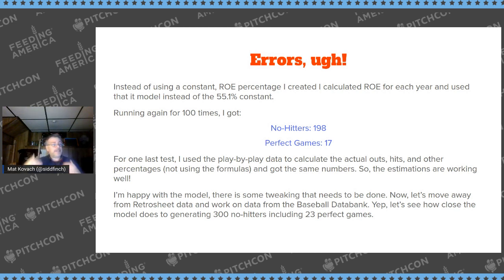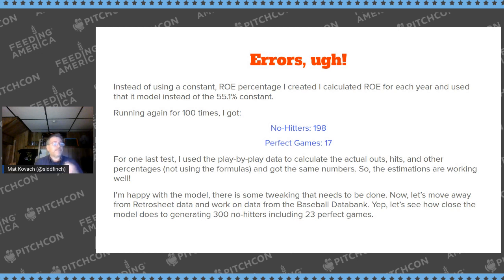So I created another set of data that was specifically all of that information, which was really just looking at if the guy got first base, was it because of a hit or something else, and everything. And the numbers were the exact same.